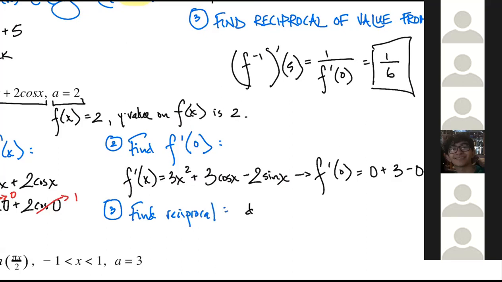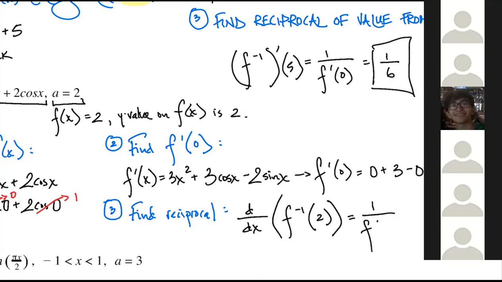So the derivative of the inverse function at 2 is going to equal 1 over the derivative of the original at 0, or 1/3.